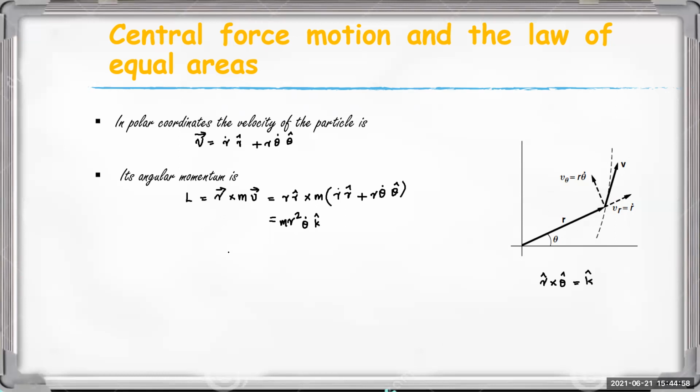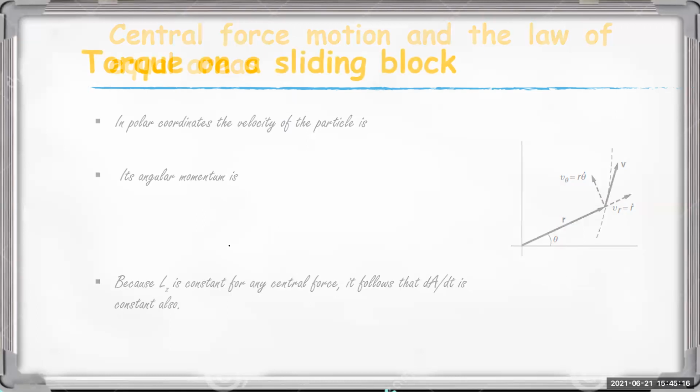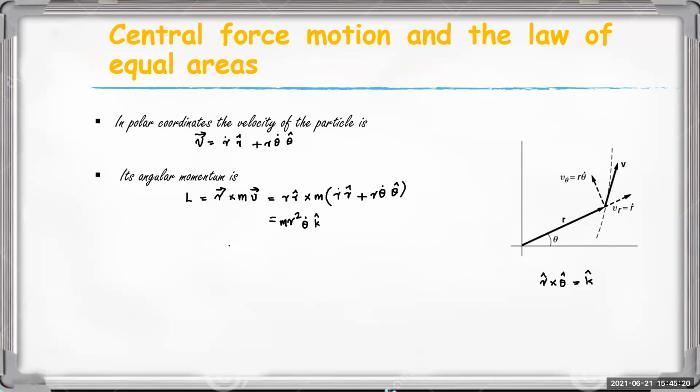So dA divided by dt is equal to, so we have written dA by dt is equal to 1 by 2 r square d theta by dt, that is equal to 1 by 2 r square theta dot.